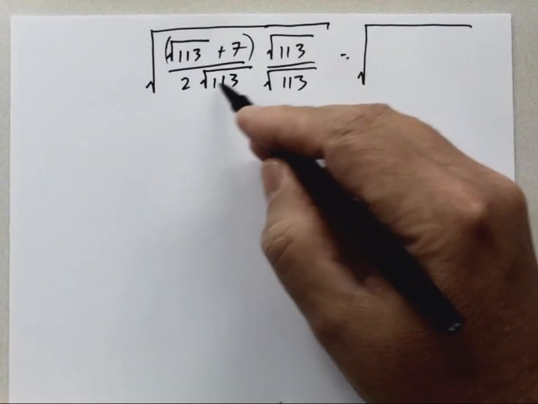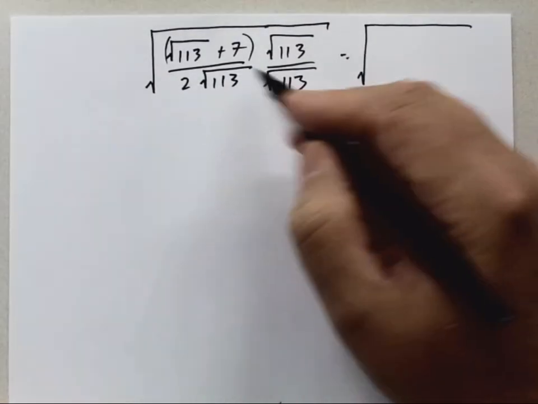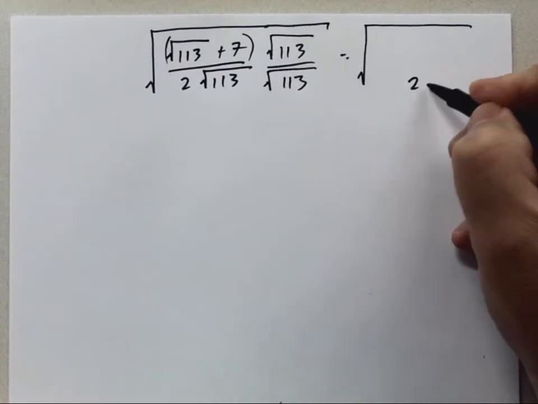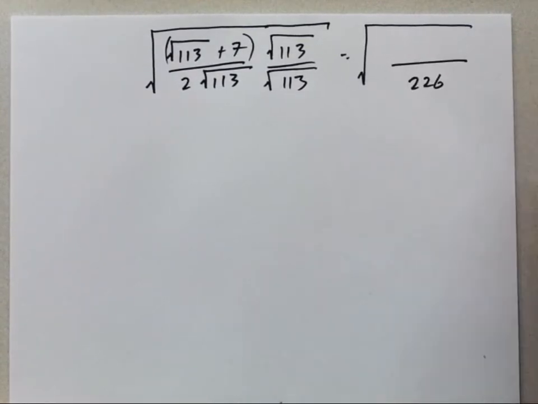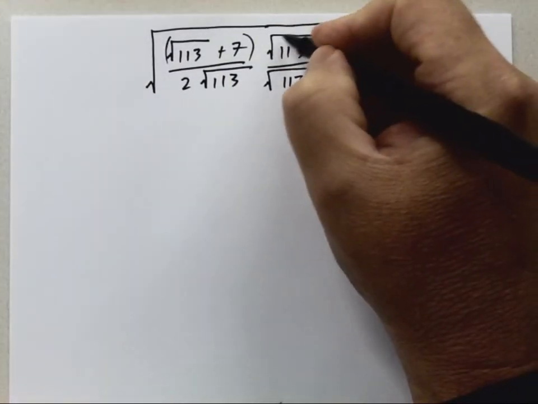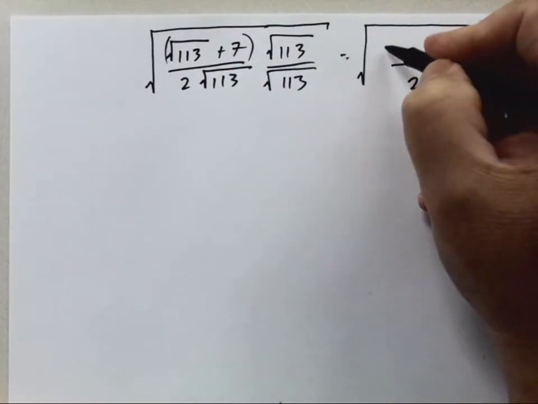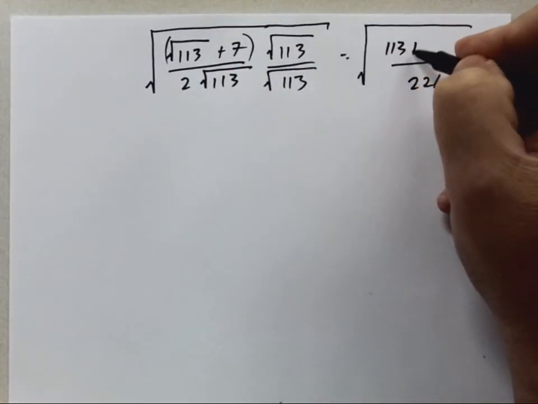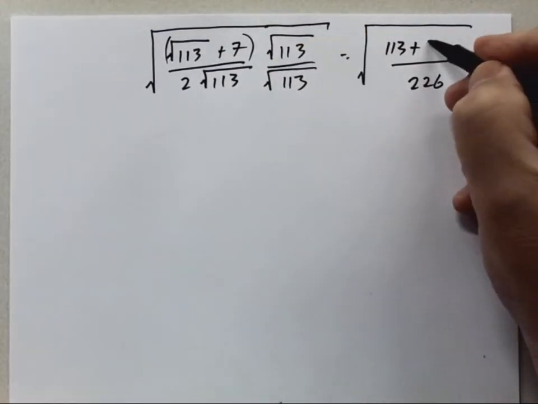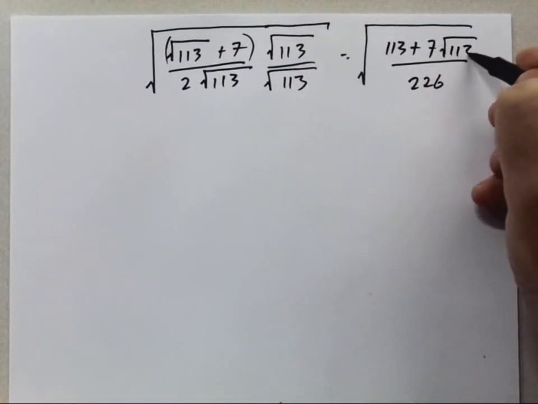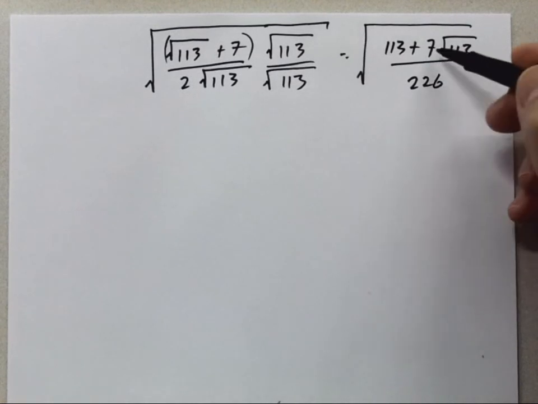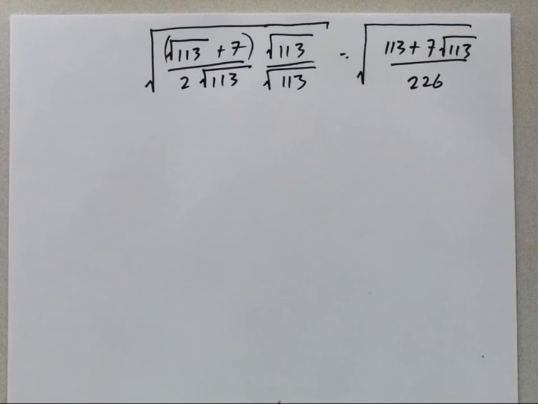So the bottom becomes square root of 113 times square root of 113, which is just 113, times 2. Now if I distribute, this times this is just 113, and then 7 times this, and this is actually the answer they want to see. I know, pretty unbelievable how messy it is, but it is what it is.